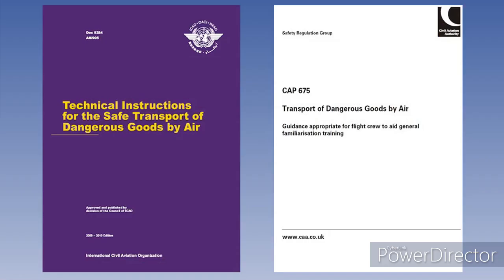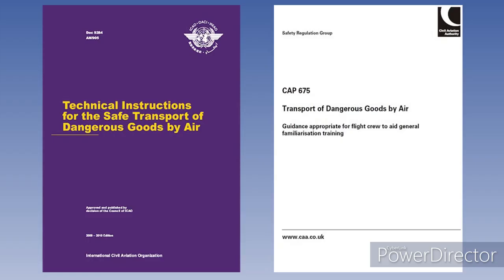Responsibility for checking that dangerous goods offered for transport are not forbidden items and are properly classified, packed, marked and labelled lies with the shipper. The shipper must also produce correctly completed dangerous goods transport documentation in accordance with the Technical Instructions Annex 18.